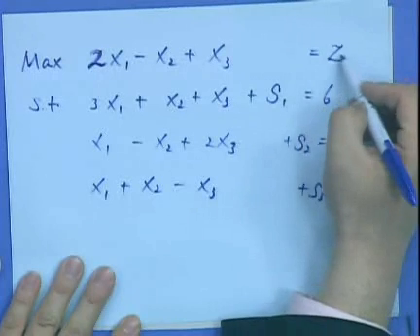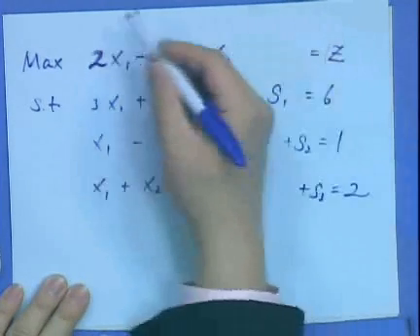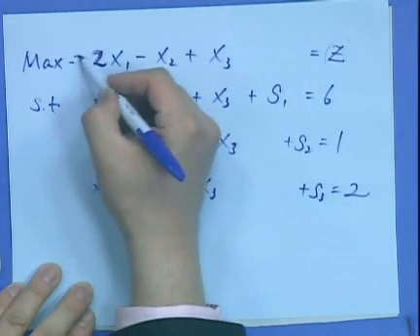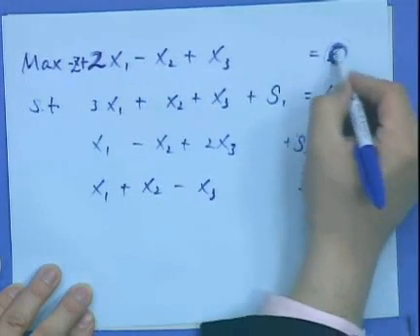Let's say the objective is equal to z, and move this z to the left-hand side, then we will have negative z plus this equals 0.